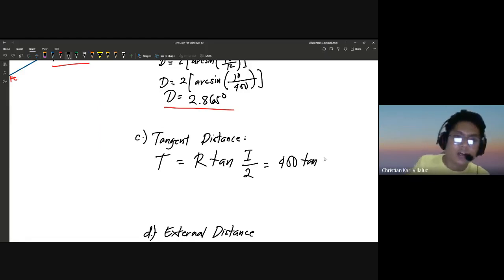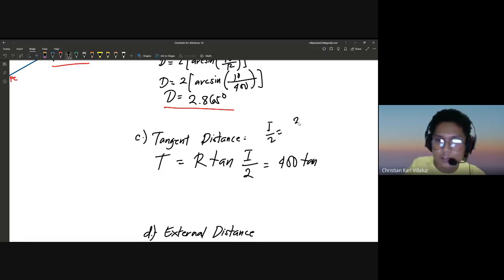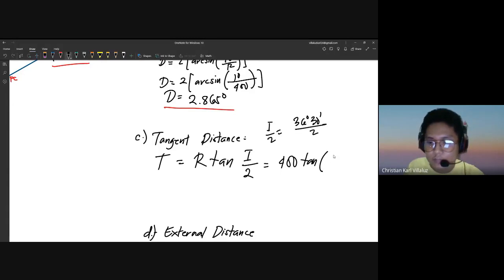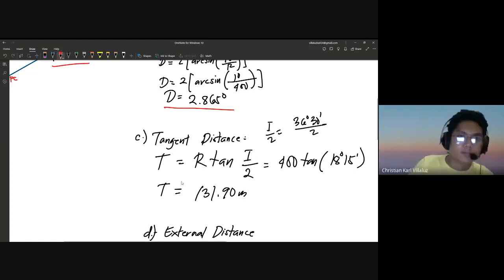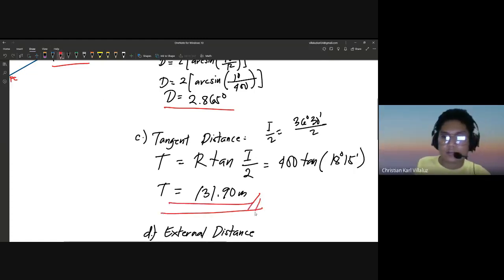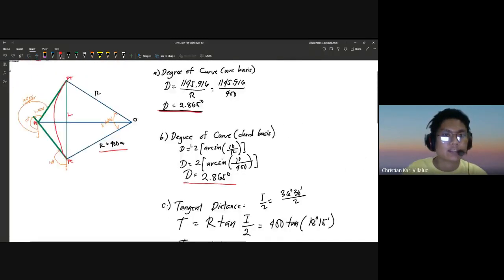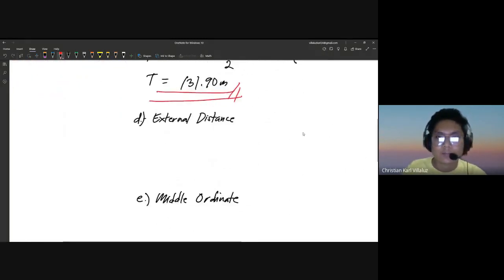So I over 2 pala, divide natin yung 36 degrees, 30 minutes by 2, ang equivalent niyan ay 18 degrees, 15 minutes. Okay, kaya T is equals to 131.9 meters. Okay? So ganun lang. Direct substitution dun sa formula.